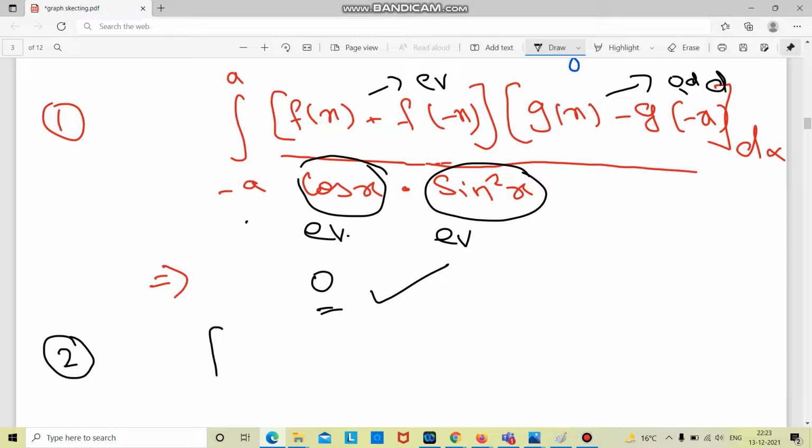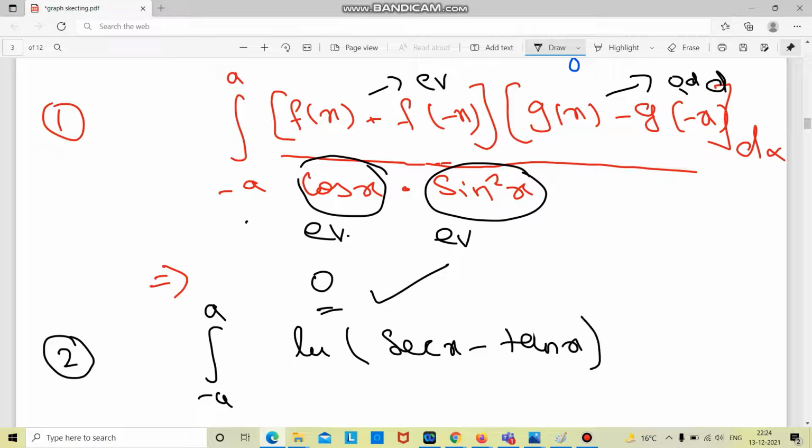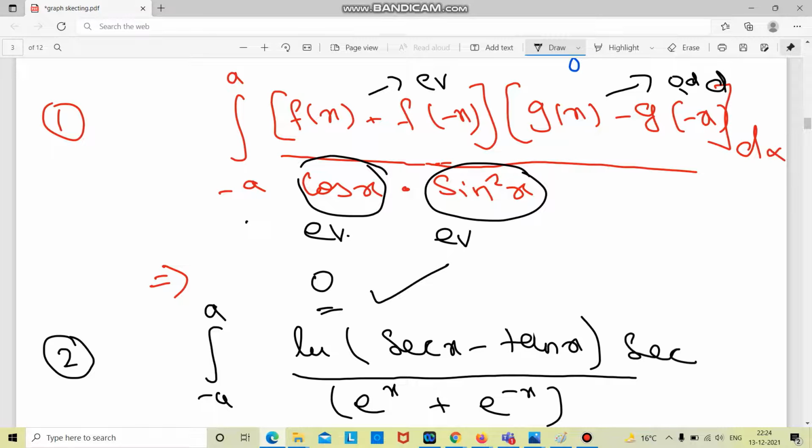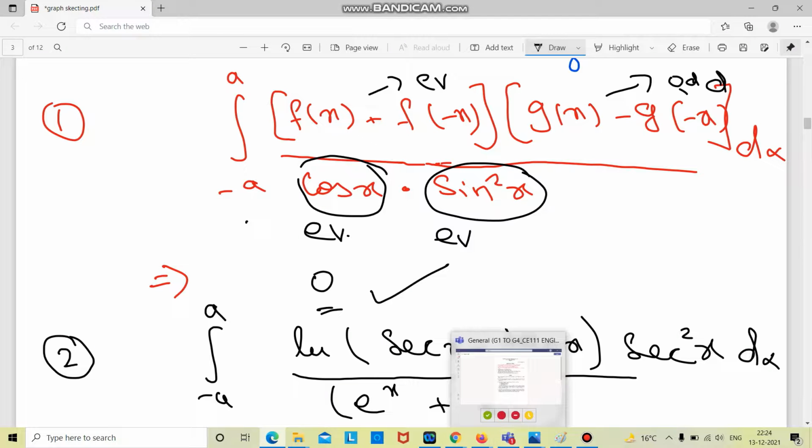Let's take the second question, which is minus a to a of ln of (sec x minus tan x) divided by (e to the power x plus e to the power minus x) into sec square x, dx. Now you have to calculate this question.